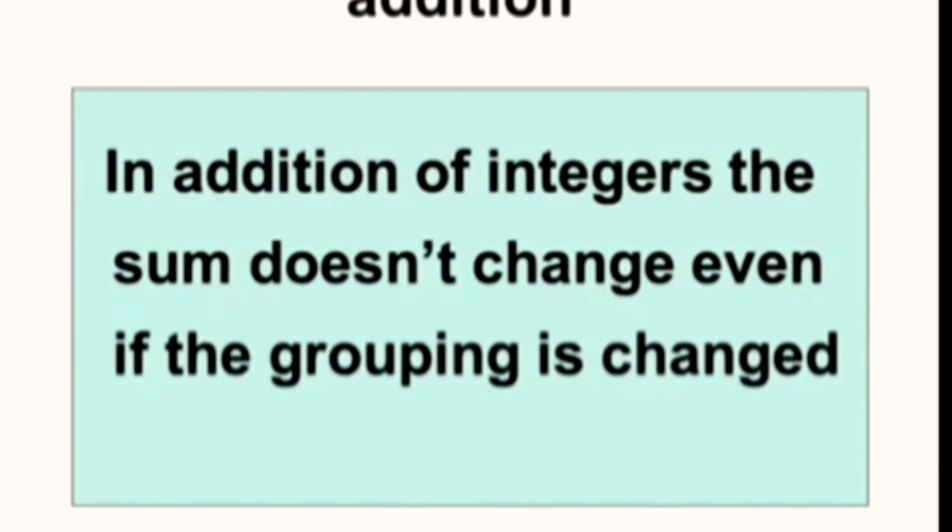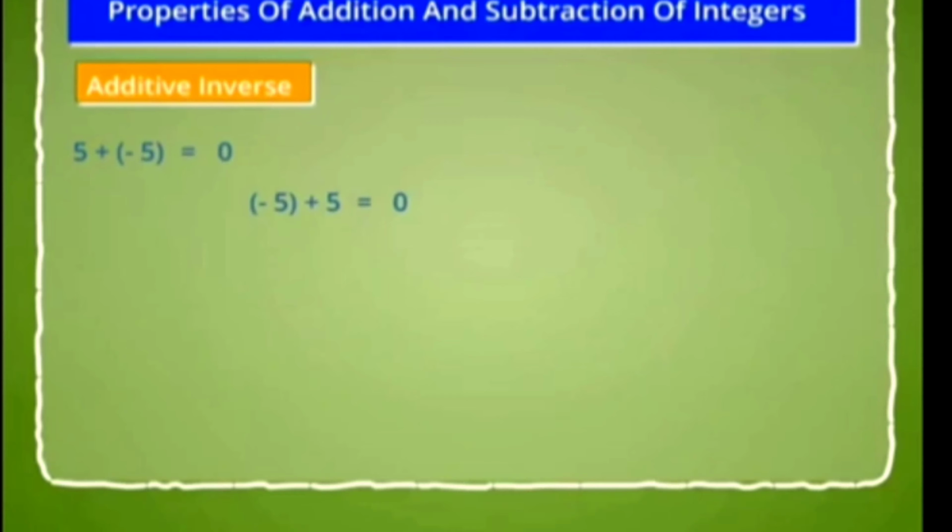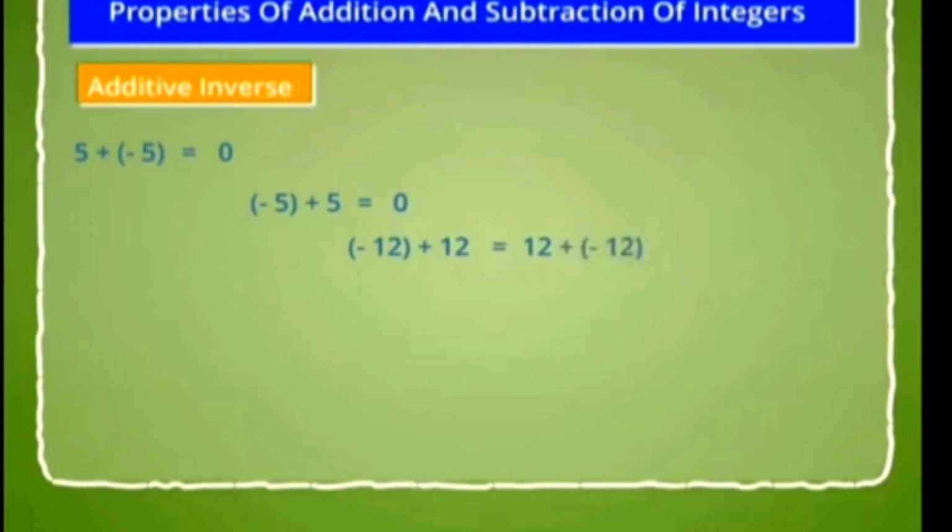Next is additive inverse. As we already know that 5 plus minus 5 is equal to 0 and minus 5 plus 5 is equal to 0. Similarly, minus 12 plus 12 is equal to 12 plus minus 12 is equal to 0.